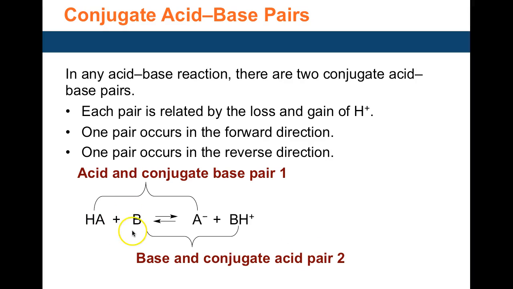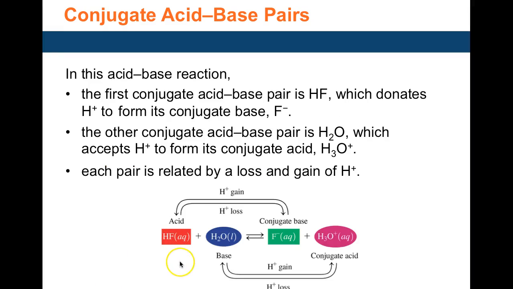So what they have in common is an anion. As you can see here, what they have in common is an anion. So it's a little bit clearer here. You can see HF, that's the acid. Its conjugate base would be F minus. So the difference between the acid and its conjugate base is that the acid has one extra H plus.